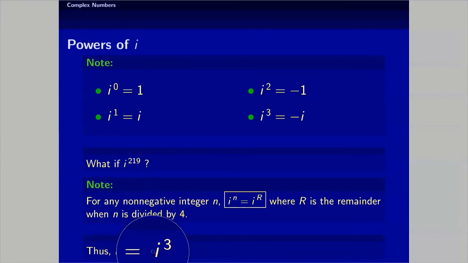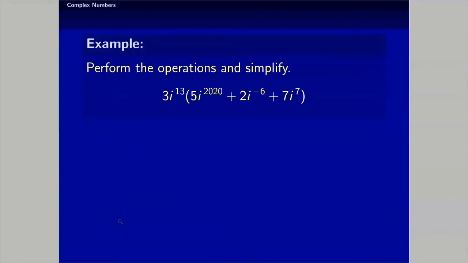And what is i cubed? Negative i. Okay? So your i raised to 219 is equal to negative i. Okay? Let's do more. Let's answer this example. Let's perform the indicated operations and let's simplify.